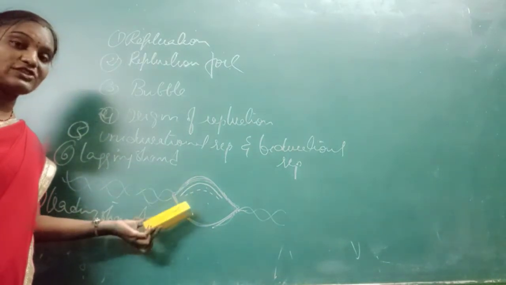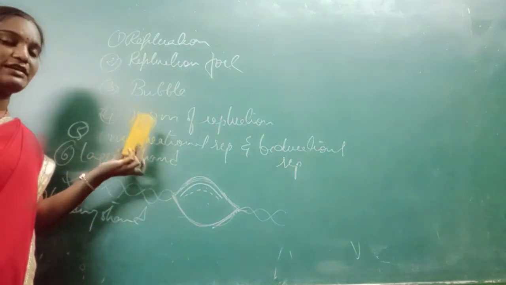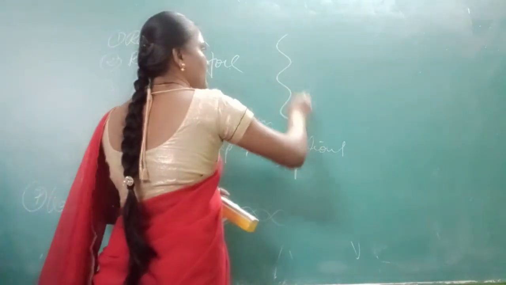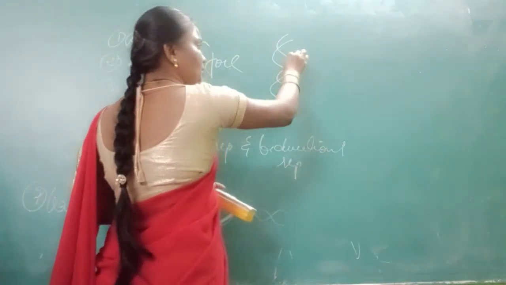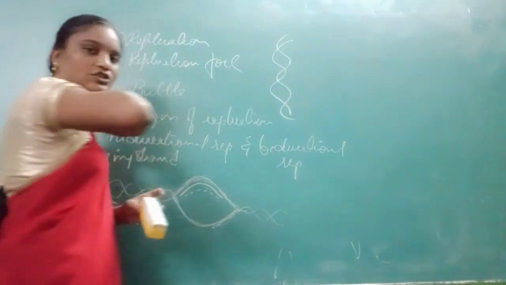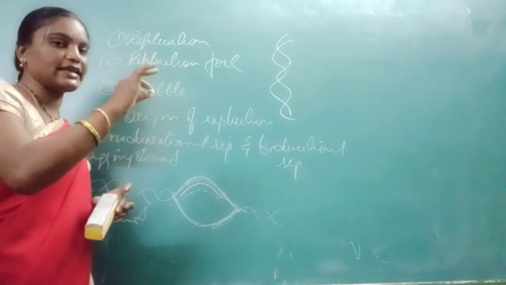How is this replication bubble formed, and where? At the origin of DNA replication. There are some points in your DNA molecule from which the DNA gets synthesized, and that point is known as the origin of replication. It is recognized by several enzymes and proteins.